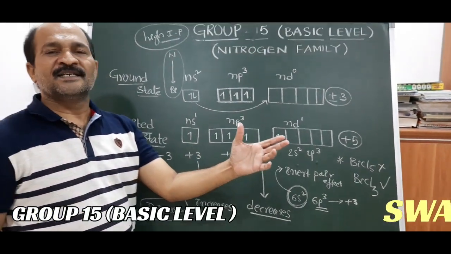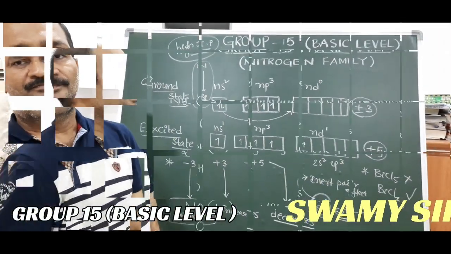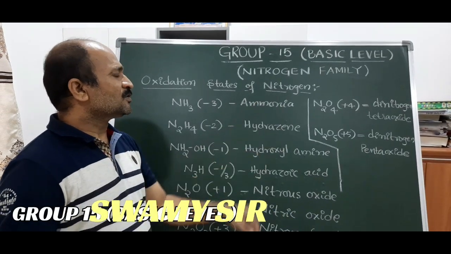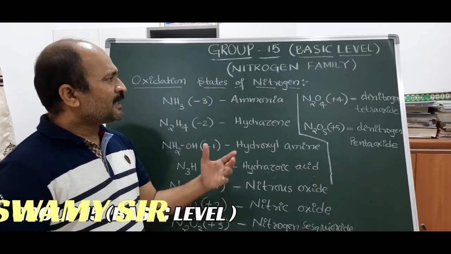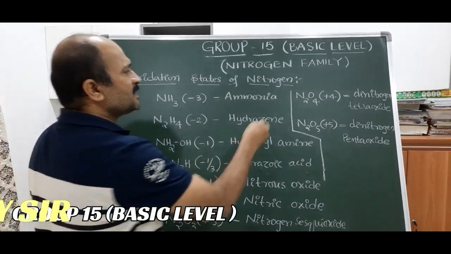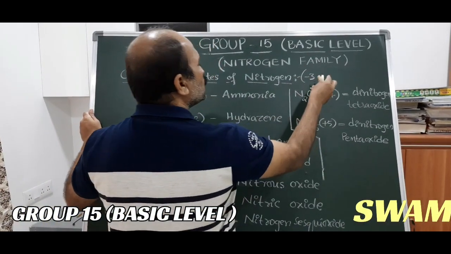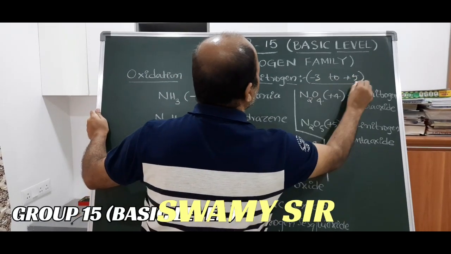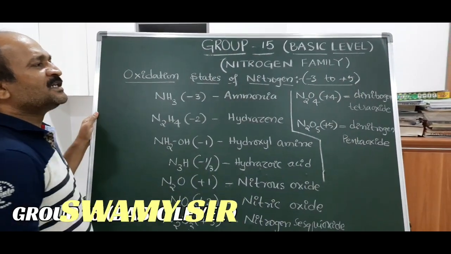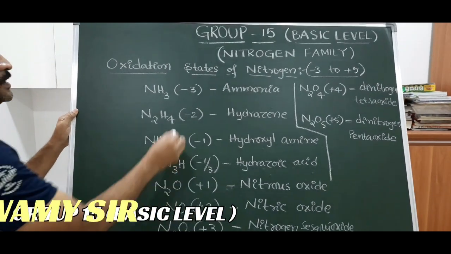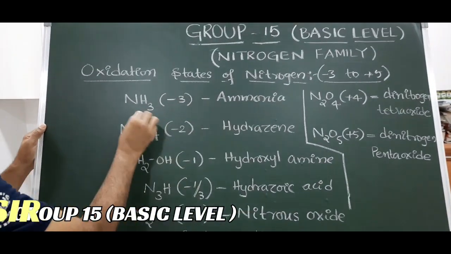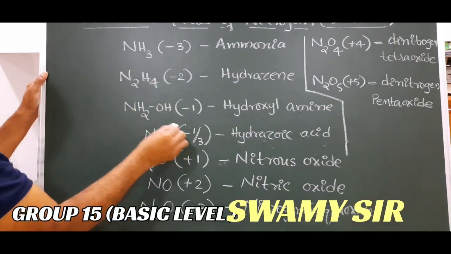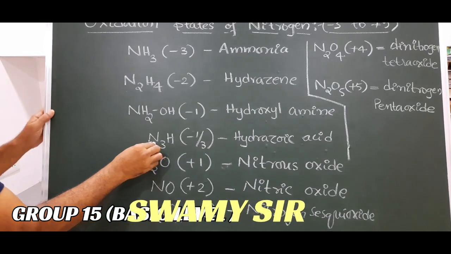Now we are going to observe the possible oxidation states of nitrogen. Friends, one more important part is nitrogen oxidation states. Nitrogen exhibits oxidation states from -3 to +5. It exhibits -3 in ammonia, -2 in hydrazine, -1 in hydroxylamine, -1/3 in hydrazoic acid.